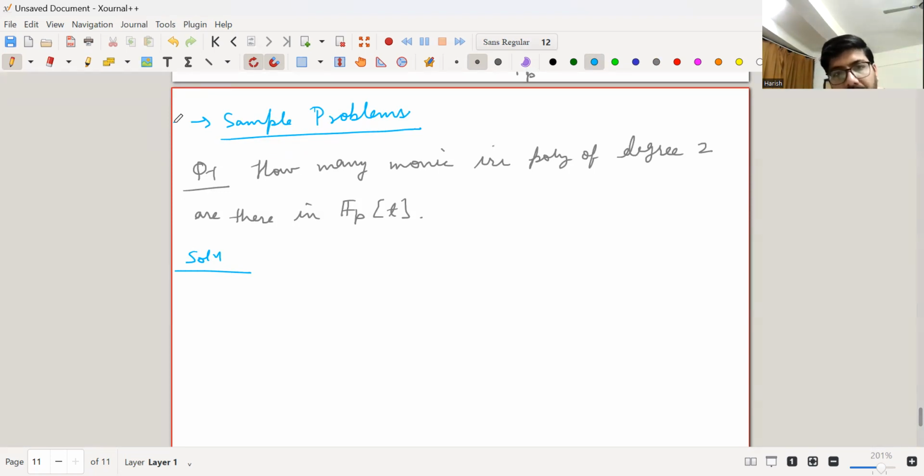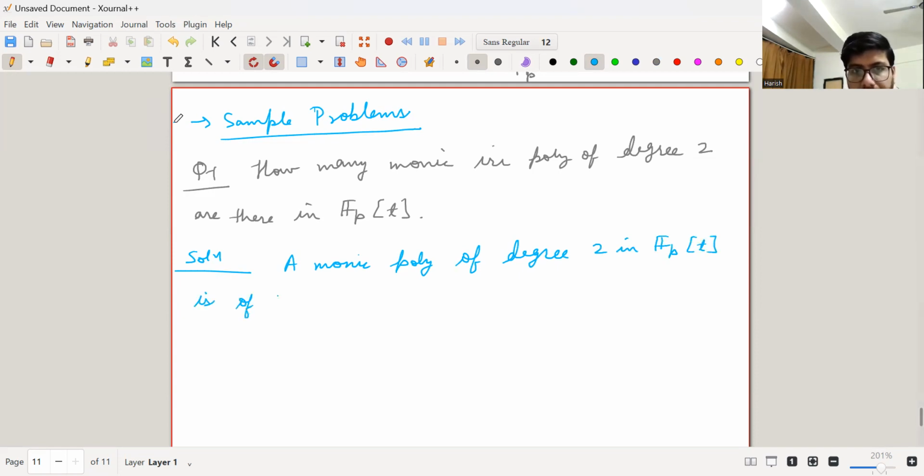A monic polynomial of degree 2 is of course of the form, sorry, the leading term should be 1, so it is of the form x square plus bx plus c, such that b and c belong to Fp.